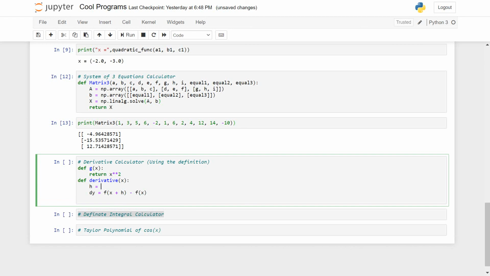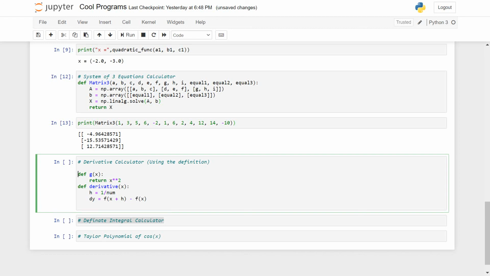So our h is equal to, and we'll let the user choose this, a number. Let's try this. Number equals integer input, input a value for h.